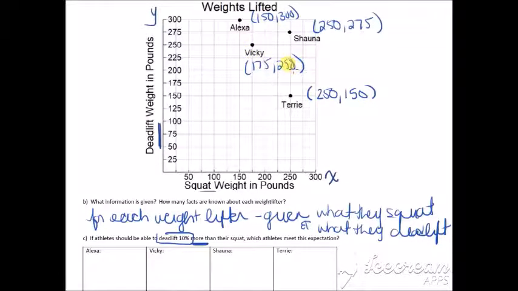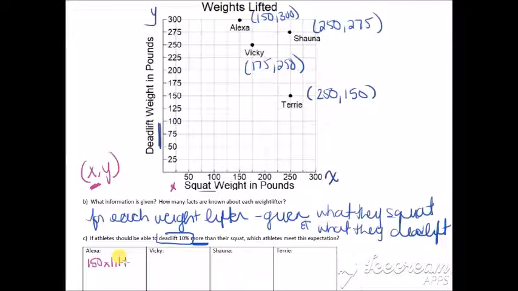So if we read this, you should be able to deadlift 10% more than your squat. So what you'd want to do is you want to just like take your squat number. So Alexa's squat number is, and remember that's like the X, right? And we put them in pairs, X comma Y. So you take that first number and then you multiply it by 1.1 and then see what we get.